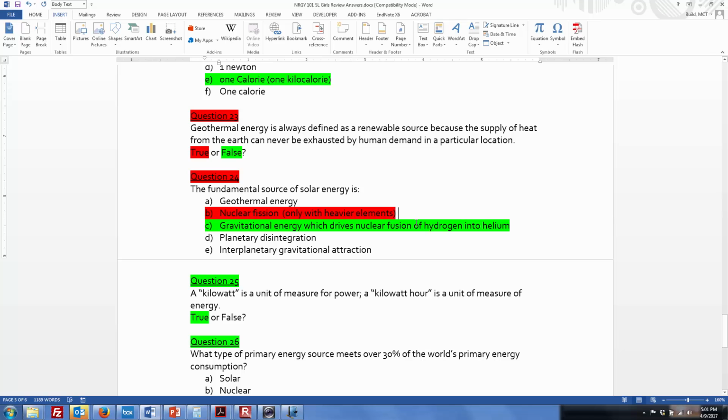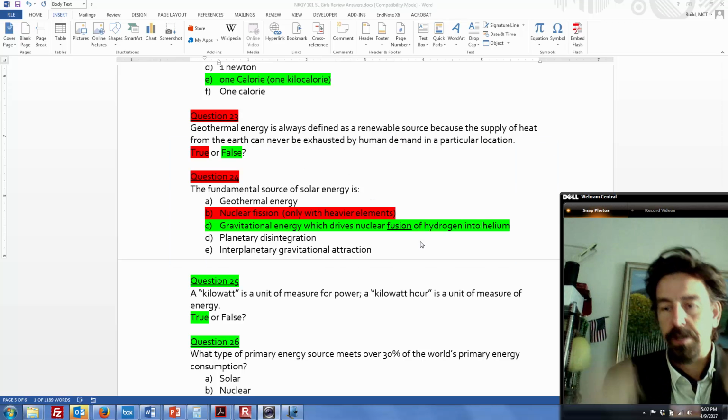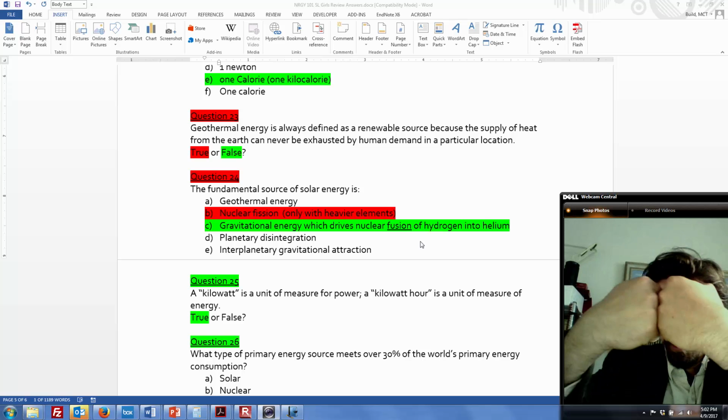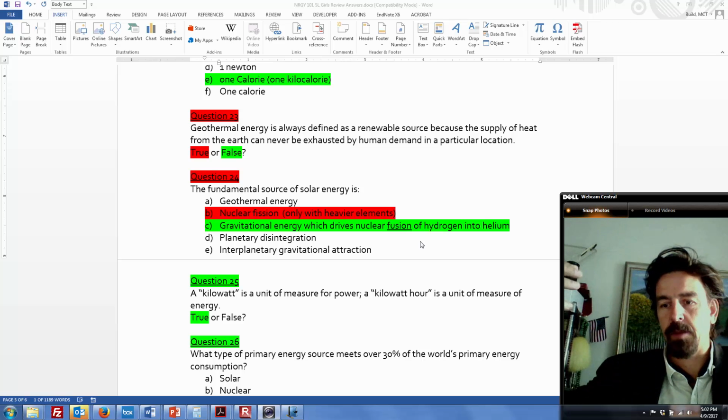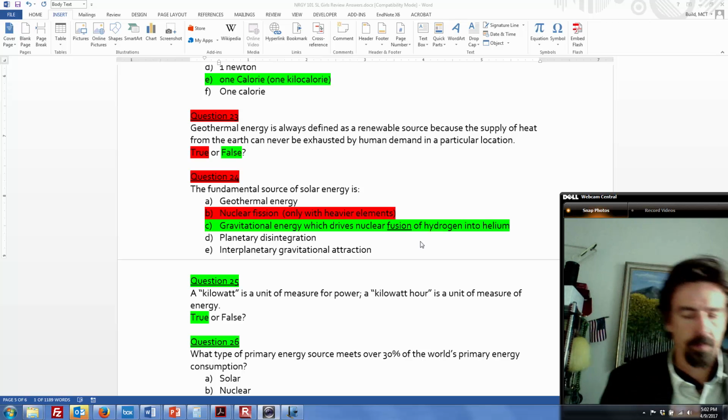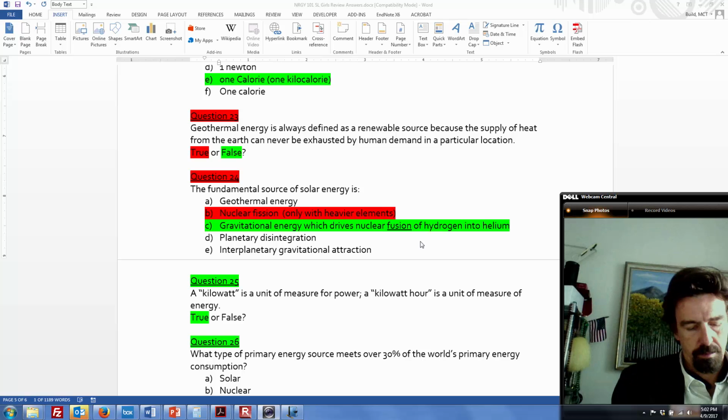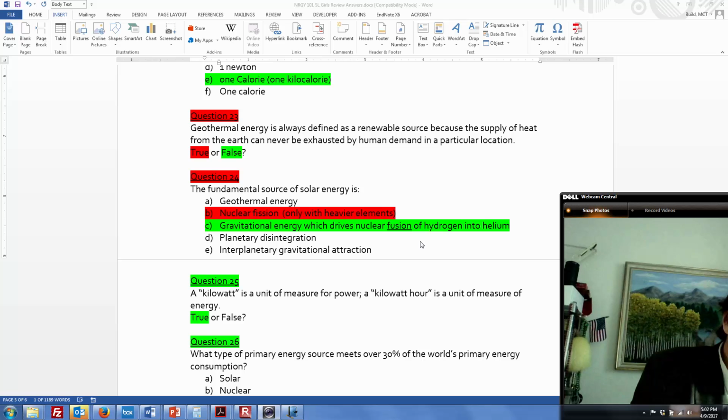Fusion, right? So fusion is pushing together, fission is coming apart. I'll show you. Fusion is hydrogen plus hydrogen becomes helium plus energy.